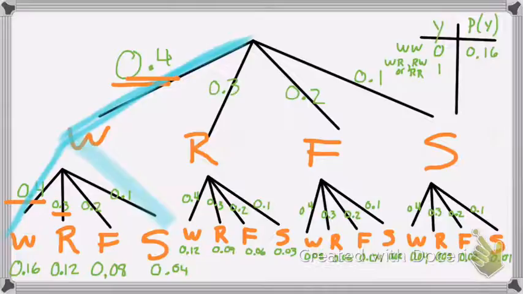So I'm going to have this probability here, Wednesday, Thursday, this probability here of Thursday, Wednesday, and this probability here of Thursday, Thursday. If I add those three probabilities together, that's going to give me a value of 0.33, and that'll be the value for that part of my probability distribution.